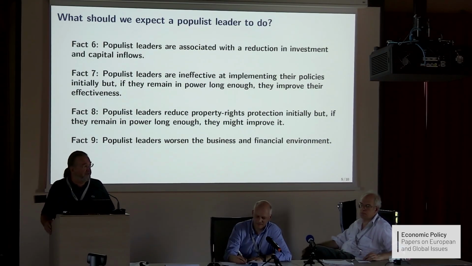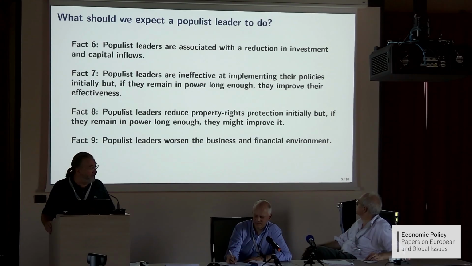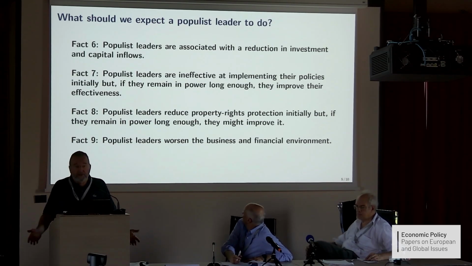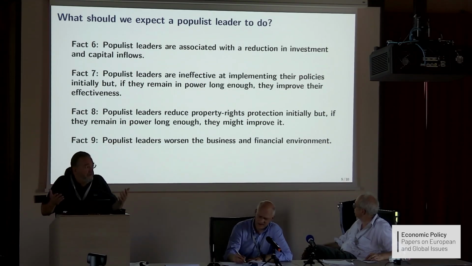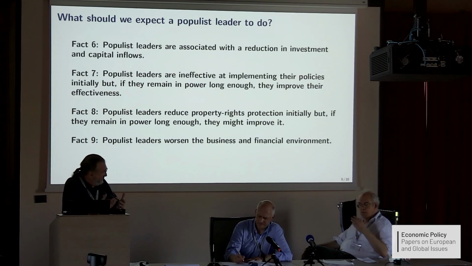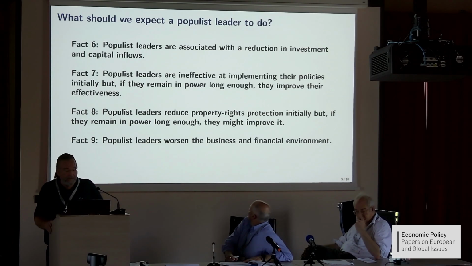Well, if there is class struggle, the most likely thing is that domestic capitalists take their money to Miami or Panama or wherever they can. They don't invest in the country. Foreign firms might not want to come. There should be less investment and less capital flows. That's not going to be the case, but it would seem to me that that would be the natural outcome in a model that introduces these elements.